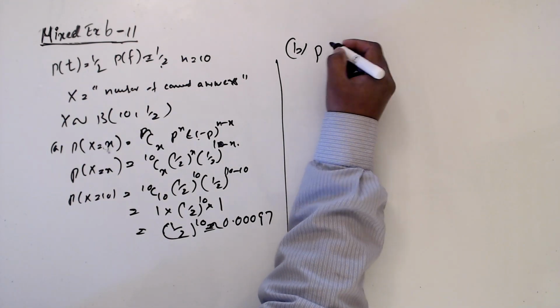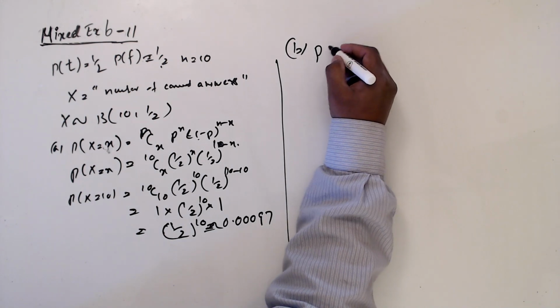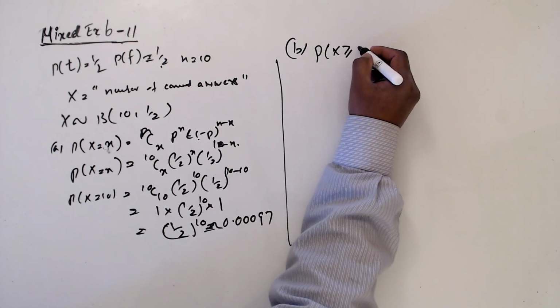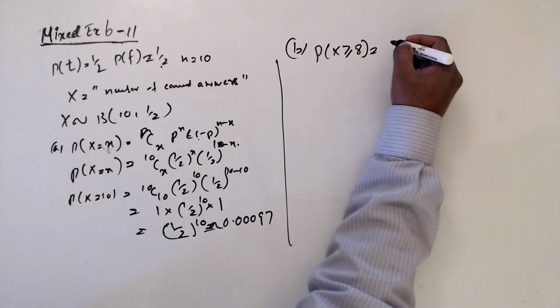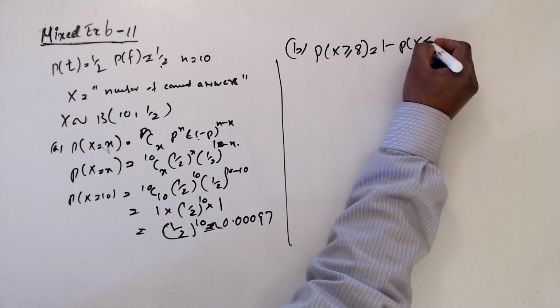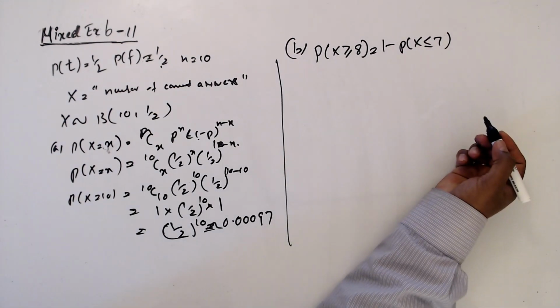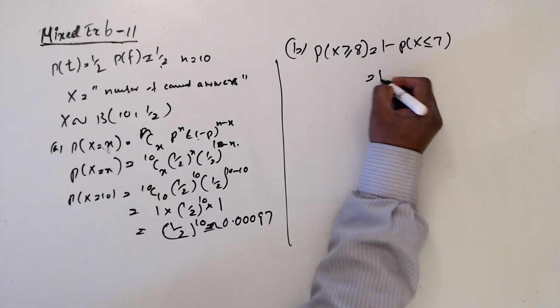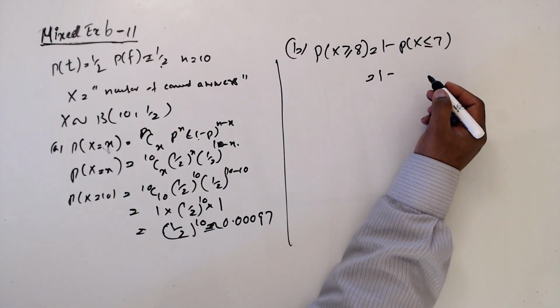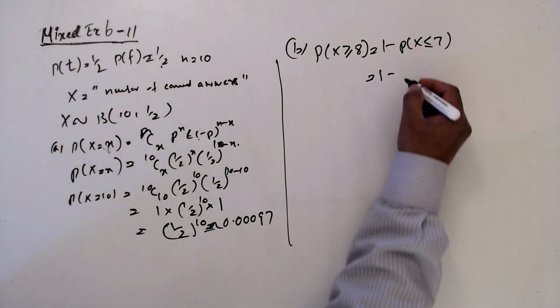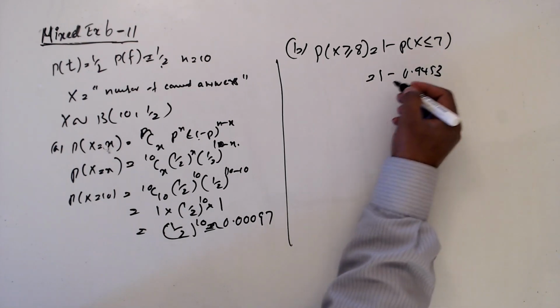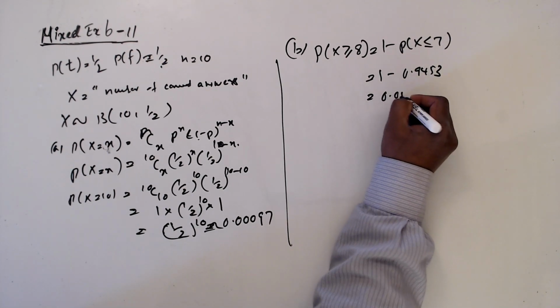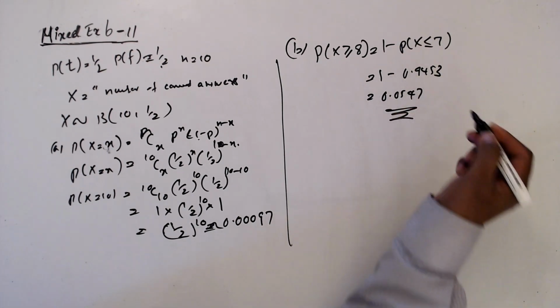So probability of x greater than or equal to 8 means 1 minus probability x less than or equal to 7. So this is 1 minus, from the table this value is 0.9453, and this is 0.0547.